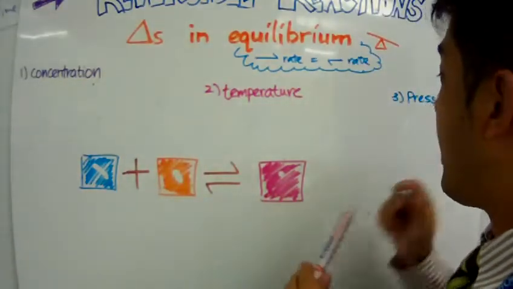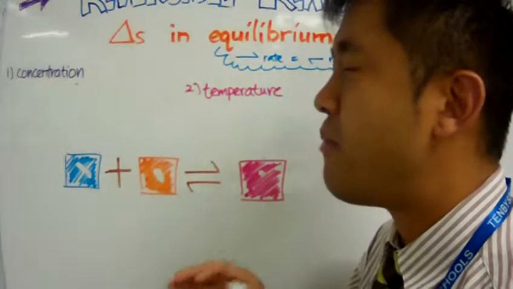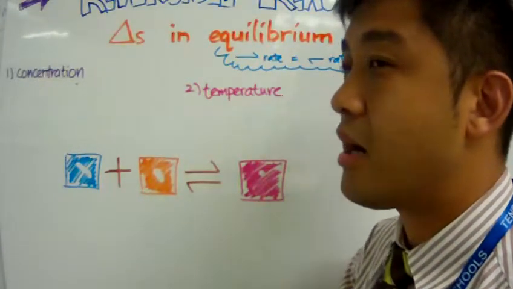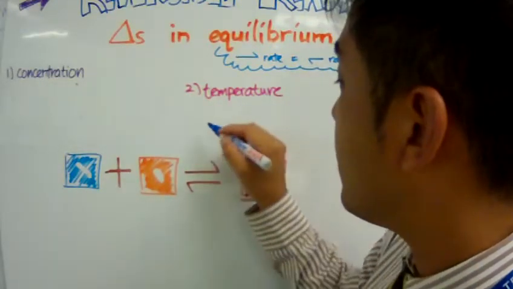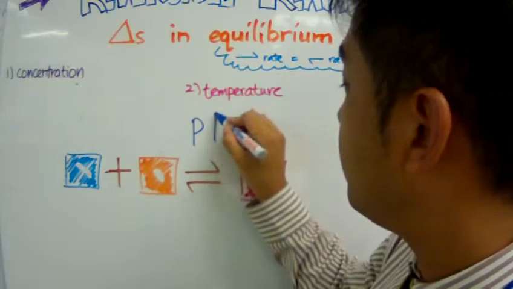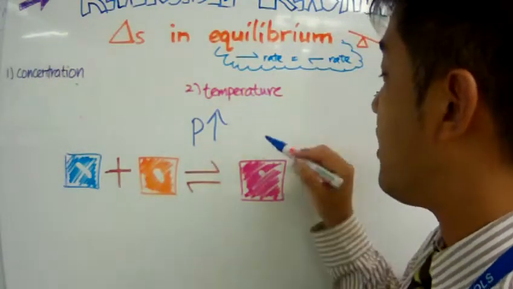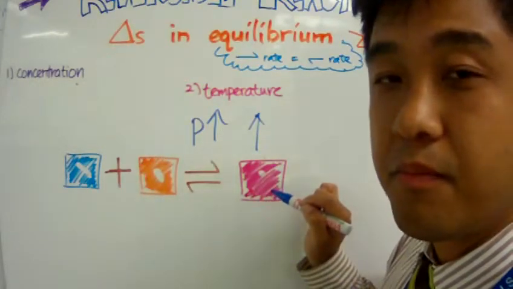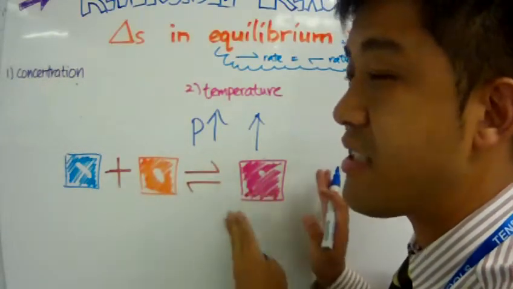So what happens when you change the pressure is that the system is going to go towards the part that alleviates stress. So for example, if you increase the pressure, the system is going to favor the side of the reaction that has fewer molecules.